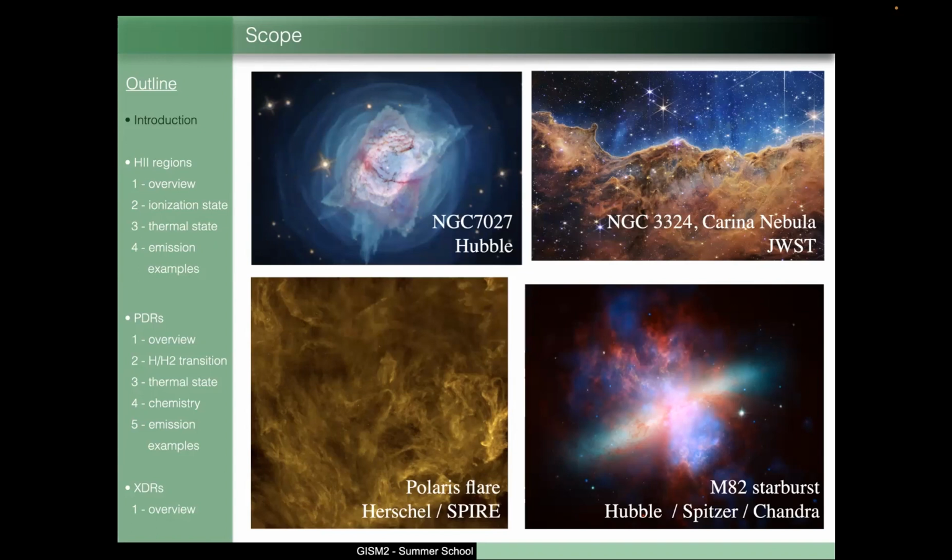And this is well represented with this image, which is a composite image. In blue, you have the Chandra observation of the X-ray emission. In green, you have the starlight observed by Hubble, and in red, you have the emission by cold dust. So this is an example of the fact that if you look at this image, you need to understand the reprocessing of energy from the sources of high energy photons.